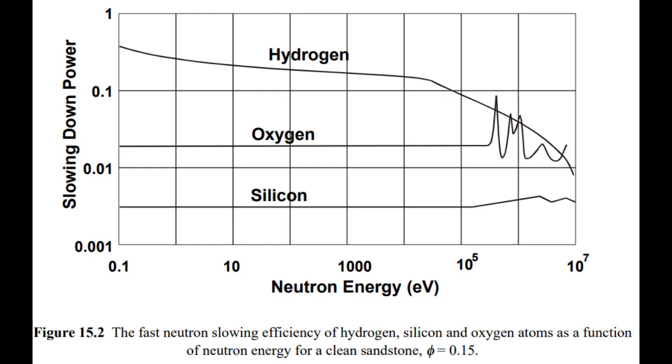So in a clean sandstone of 15% porosity, we can see that it is the hydrogen which is making the most impact on the slowing down efficiency.